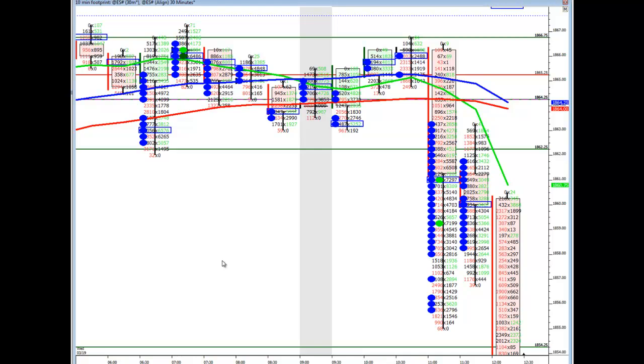And let's take a look together at the different pieces of information that we have on our 30-minute chart for the ES Mini. And by the way, believe it or not, we're looking at the same exact period in time, the open of that day session, and I'll show you now how it all comes together and it all correlates.